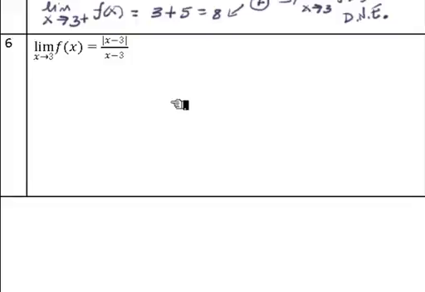In number 6, we're going to rewrite this expression as a piecewise defined function by removing the absolute values. So if x is greater than 3, notice this time I'm putting the greater first and I'll put the less than second. If x is greater than 3, then x minus 3 is positive, so those absolute values aren't doing anything, so we could just remove them.